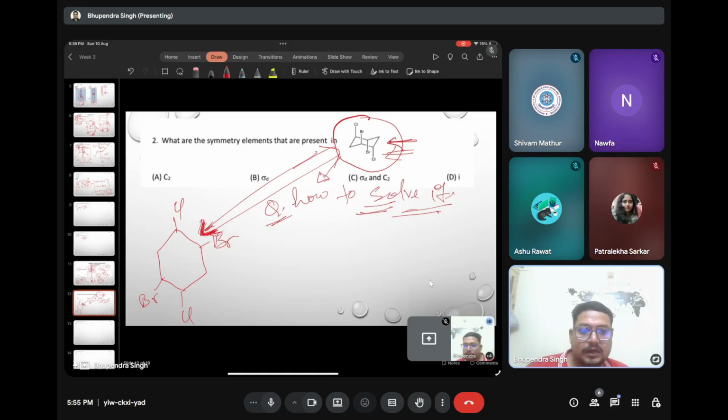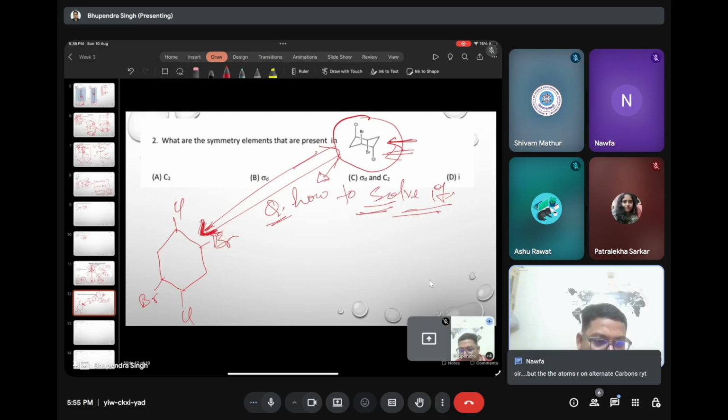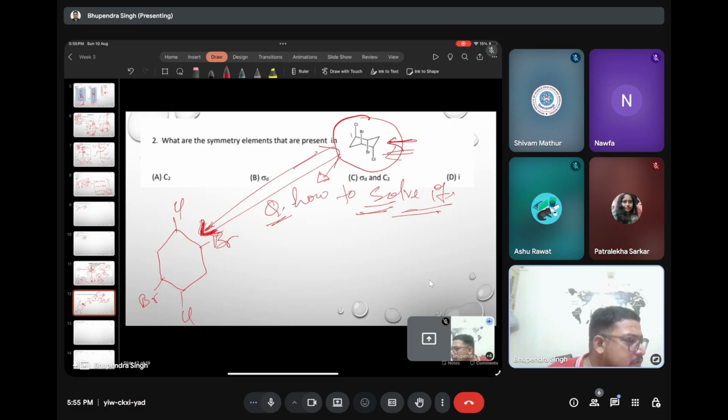So now you can tell me, the atoms are on alternate carbons, right? Alternate carbons means one, this is 2, this is 3, this is 4, this is 5, this is 6. So this is your first, second, third, fourth, fifth, sixth.